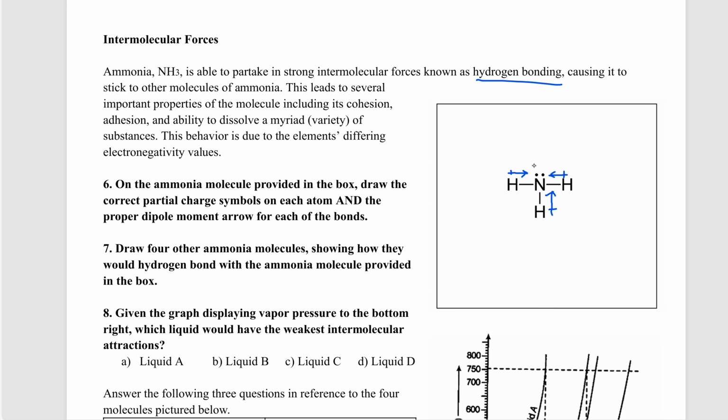This makes it partially negative. And that makes each of the hydrogens partially positive. All right, so that's it for number 6. Partial charge symbols on each atom and the dipole moment arrow on each bond.